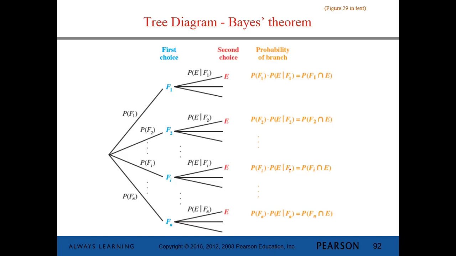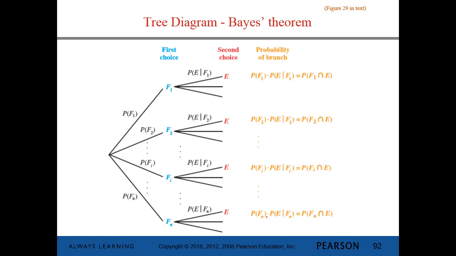Okay. And here's another one. We can do the same thing. Now, in the general case, notice what we do. We're just going to have the probabilities of F1 in E, F2 in E, Fi in E, all the way to F sub n in E. And it's all going to be based on just using the definition of conditional probability.